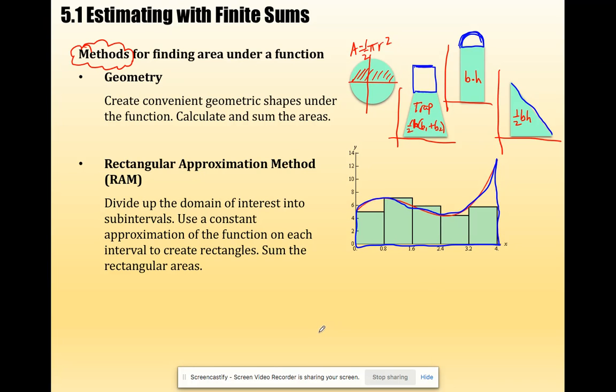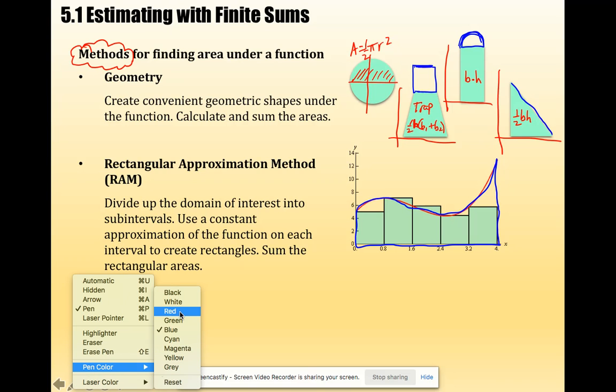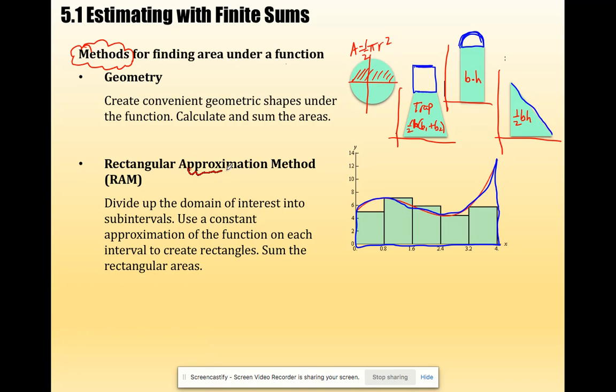So look at that shape I've drawn. It's not a trapezoid, it's not a circle, it's not a rectangle. It's, I don't know.